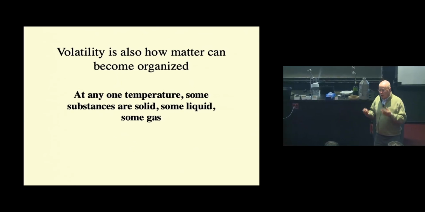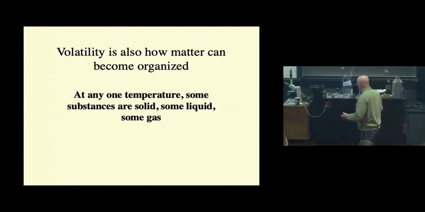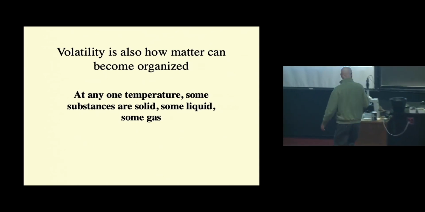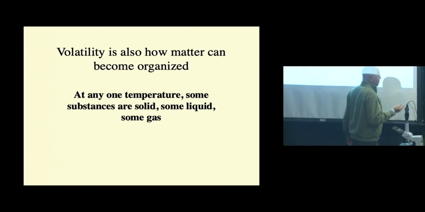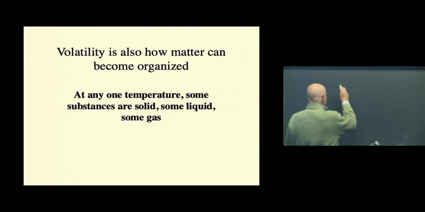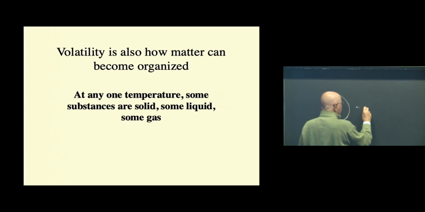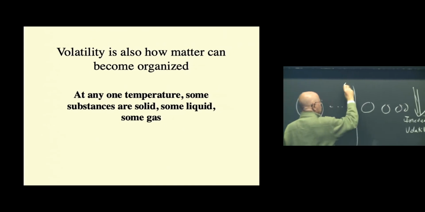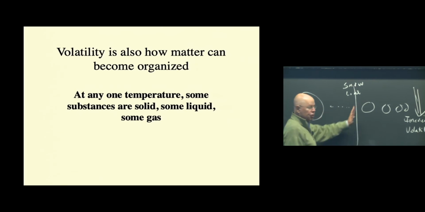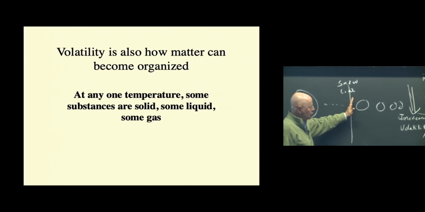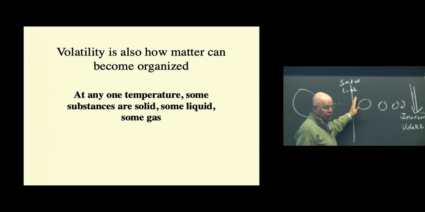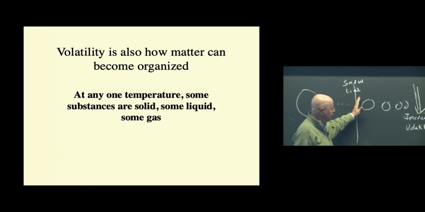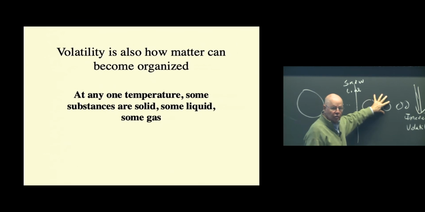So what is solid, what is liquid, what is gas depends on the actual temperature, and we're going to see how that relates to the solar system. You have the sun, the inner planets, and the big outer planets, and this right here is the snow line, a temperature boundary beyond which low melting, volatile substances like carbon dioxide, ammonia and water are solid.